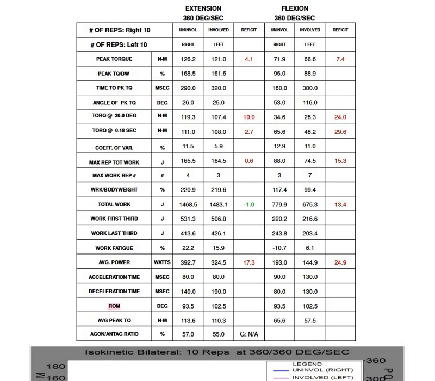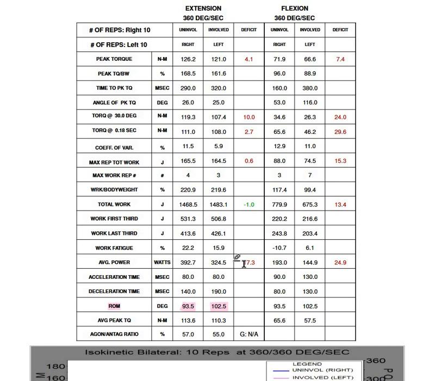The main value that I find in range of motion is in comparison between tests. So we may have set this range of motion here on the right leg at 93.5 and on the left leg at 102.5, and that's fine because this is the range of motion that the movement is going to occur through.